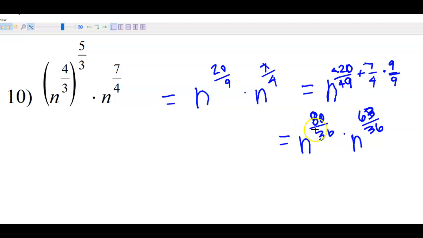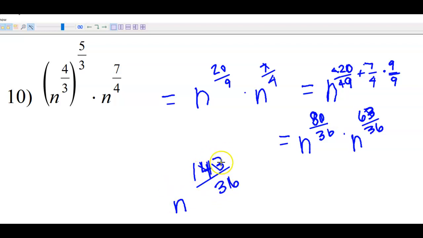So 80 plus 63 would be 143. 143 divided by 36. That's my exponent on n. I apologize for that. Okay, this marker's crazy today. So n to the 143 over 36.